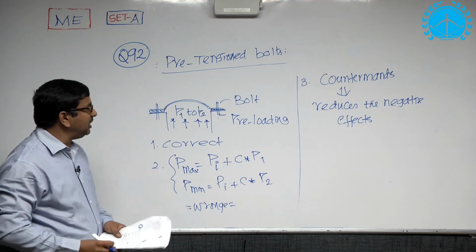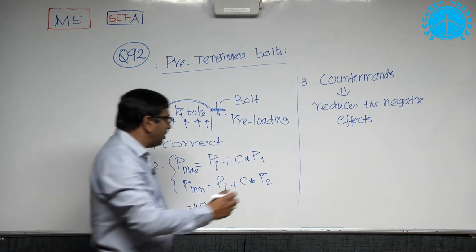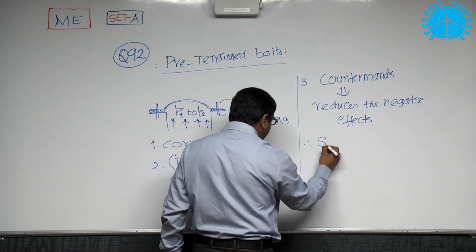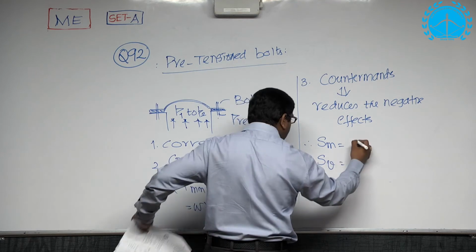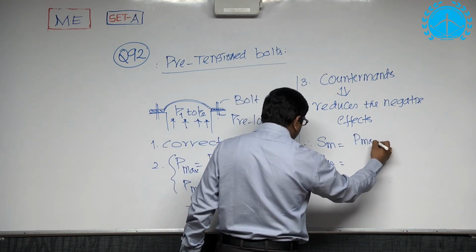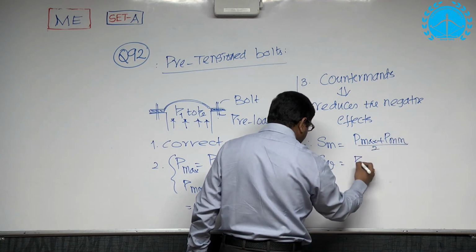So when you go by this, the maximum and minimum load will be in this way, but the mean load, which is maximum plus minimum by 2, more or less remains the same with pre-tensioning and others.